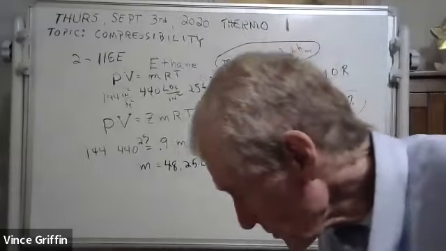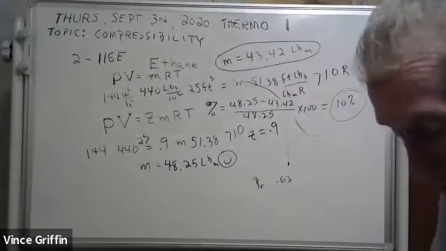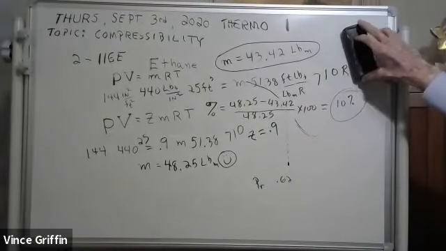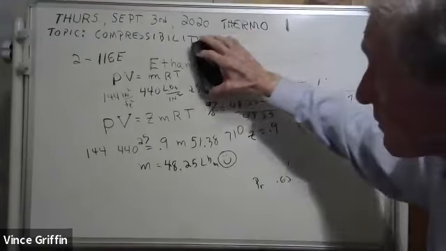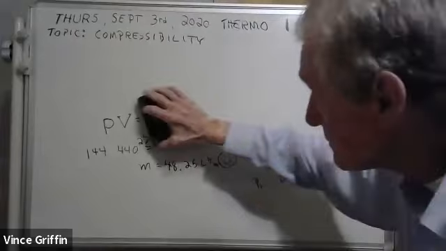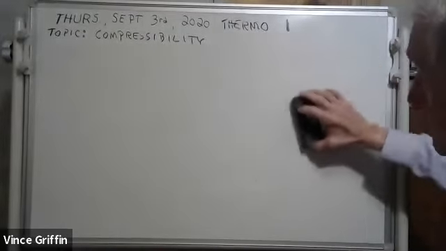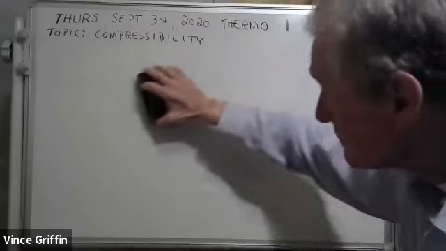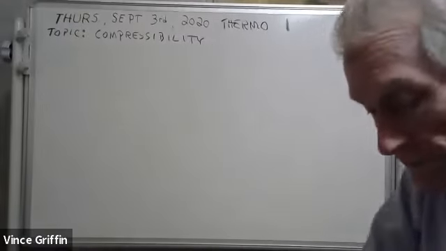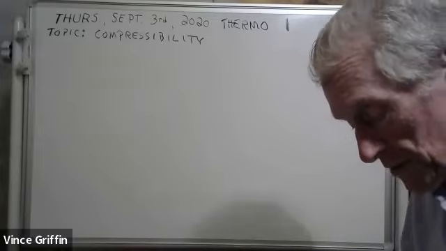This one we're going to do methane. I need a little room here. We'll say goodbye to ethane, and now we're going to do methane. Now, I think we do have a methane table. Now, this is not in your book.